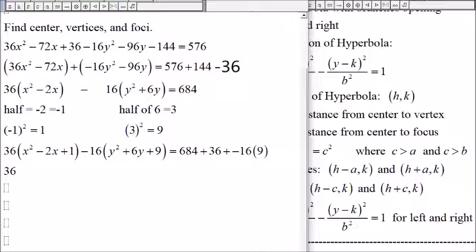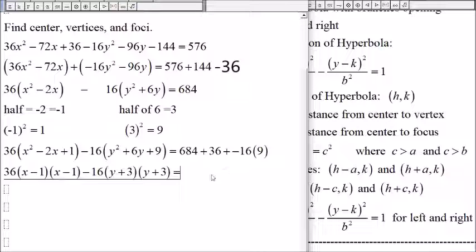And then this becomes 36, and then factor x minus 1, x minus 1. And this will be y plus 3. And then all of this will be 576.